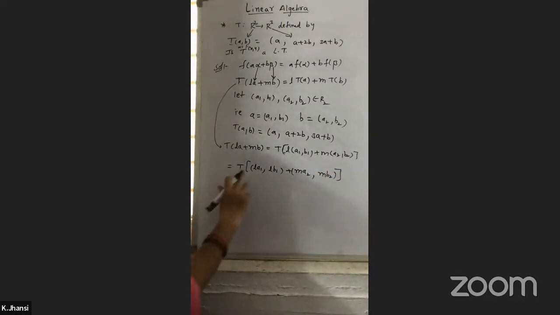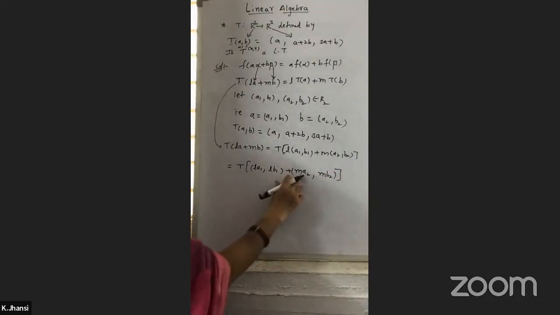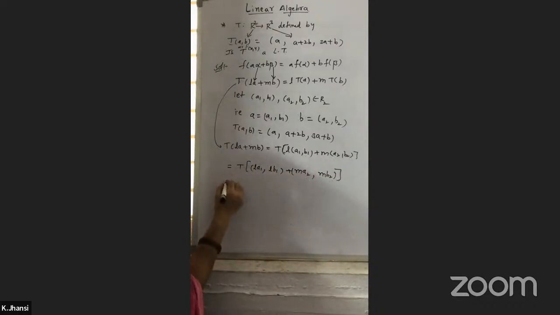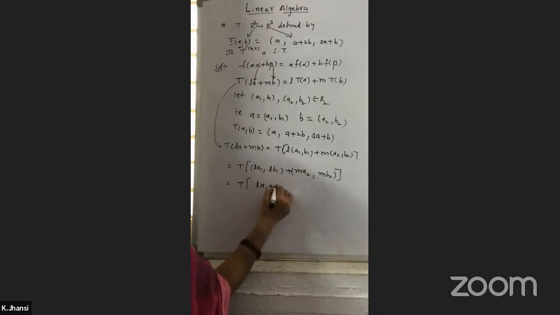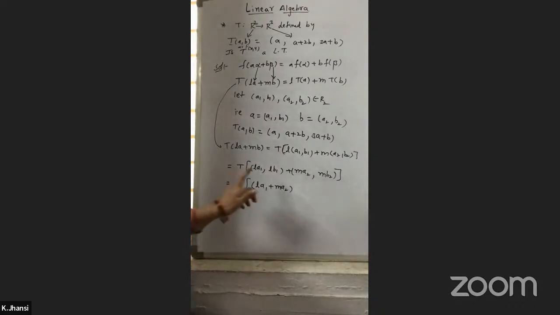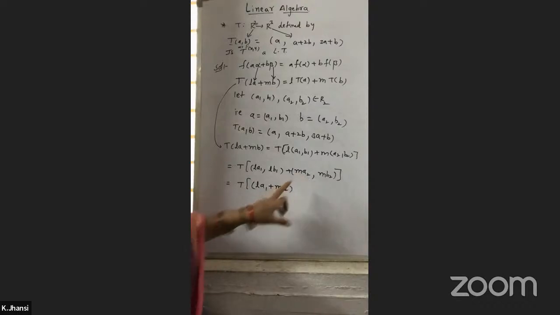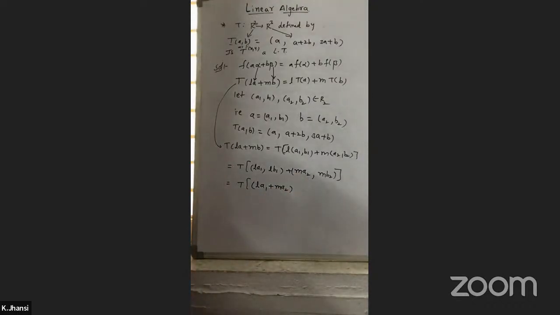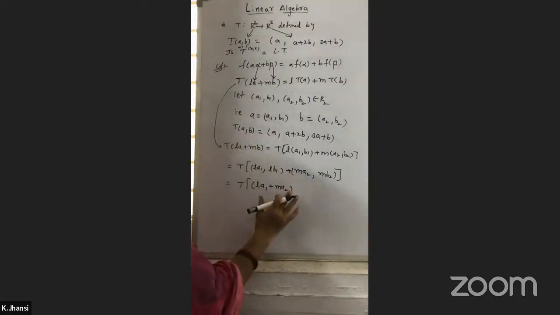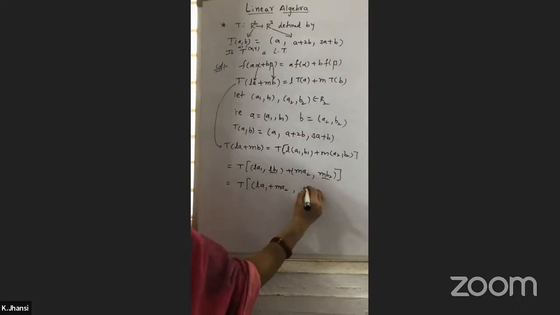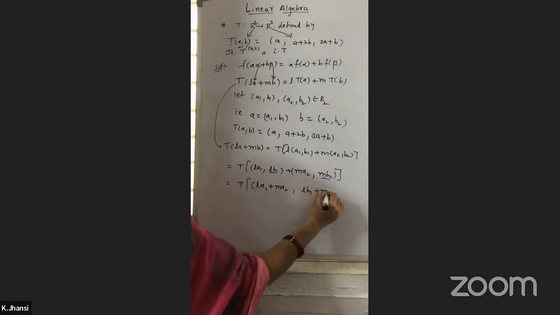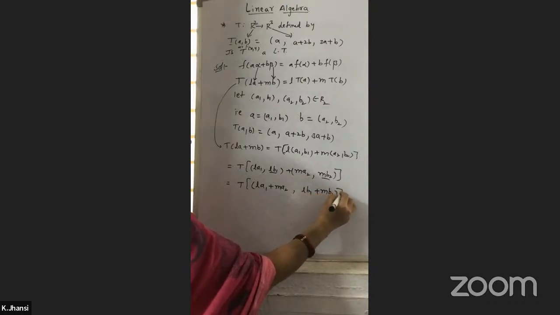Now you add the first terms, so we get T of LA1 plus MA2, comma, next these two terms, that is LB1 plus MB2.